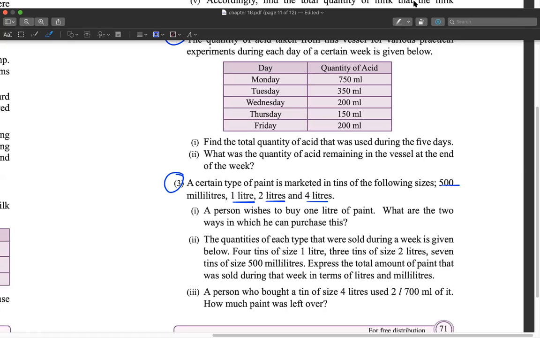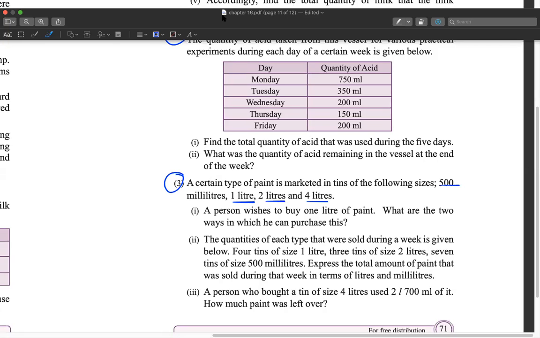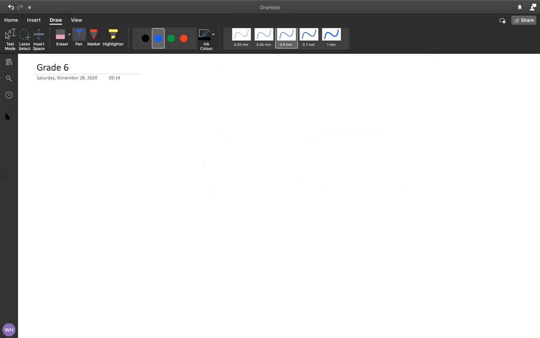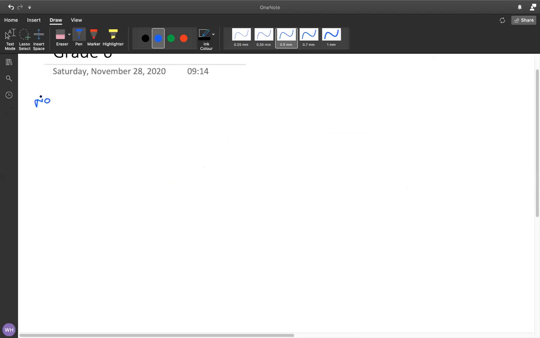Okay, cool. So let's have a look at how we can do this. The first sentence is the number of 1 liter tins sold.